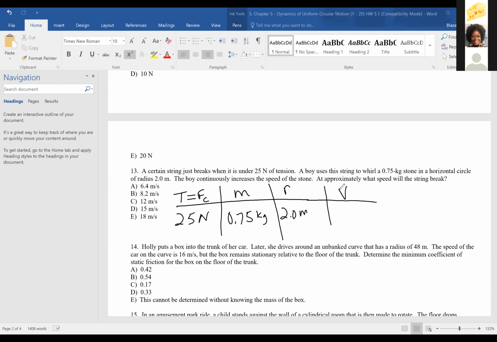And of course, that equation we had said is that my centripetal force is mv squared over r. So here, v is my only unknown. I know m, I know r, I know F sub c, I can solve for v. So this implies that v equals what? So please solve for v from this, given these values. And what do you get?